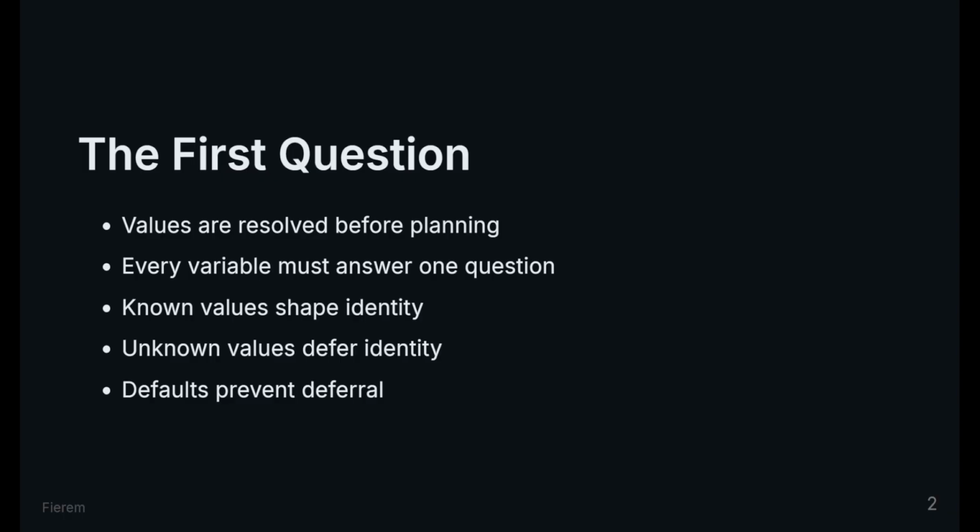Every variable must answer one question: is this value known? Most people never ask this. If a value is known, it can shape identity. If a value is unknown, identity becomes deferred. Defaults exist to prevent that deferral.